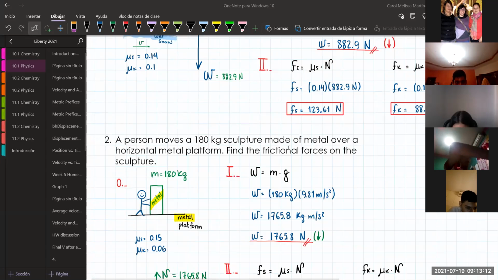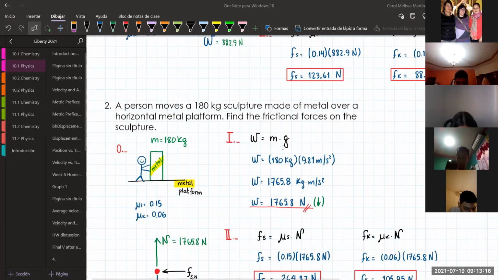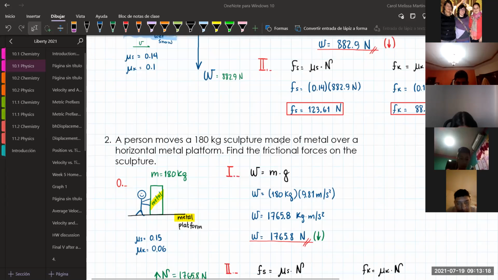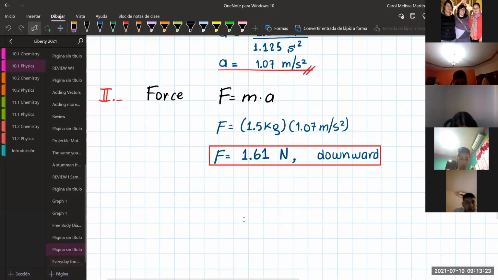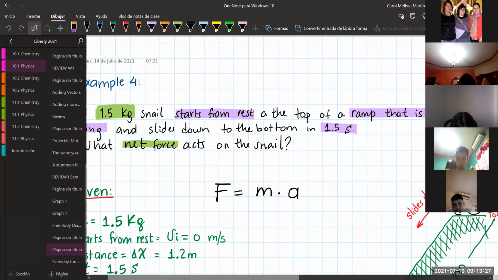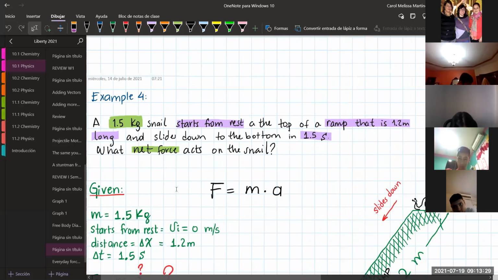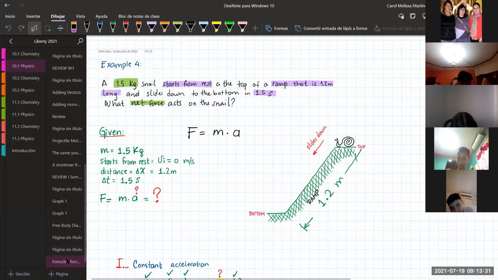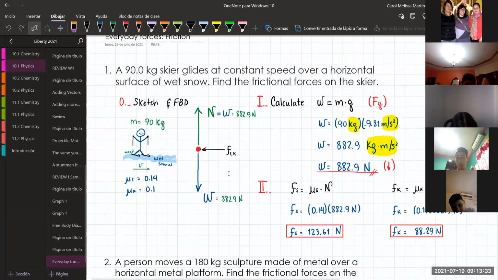Okay, so for Wednesday we're going to be doing a quiz for the second law, that is this one, mass times acceleration, and about calculating the friction, which is the topic that we saw today.